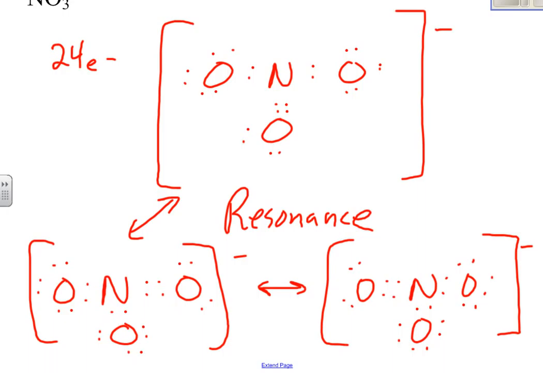Now, and this is another thing that we have to be careful of. If you're not a chemistry student and you look at this, even a beginning chemistry student, what do you think is happening to that double bond? It's moving around, right?